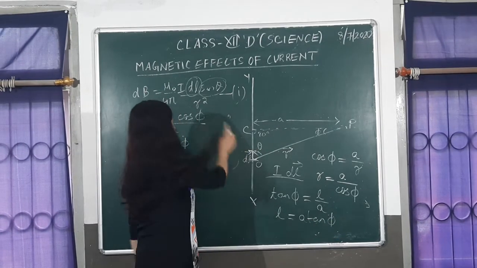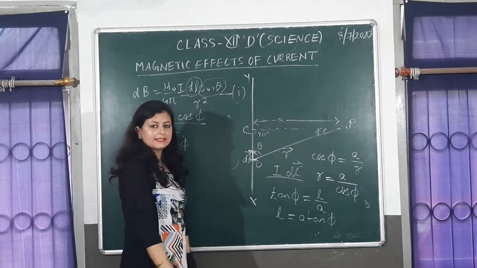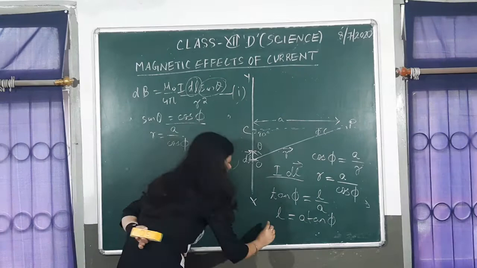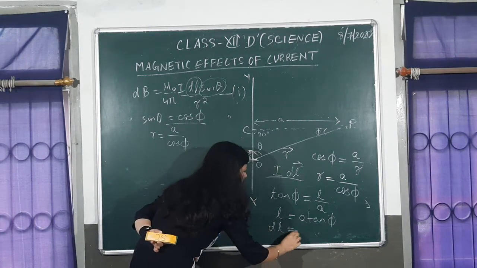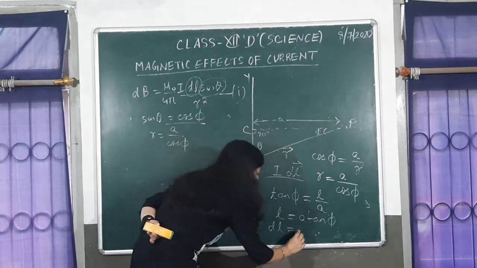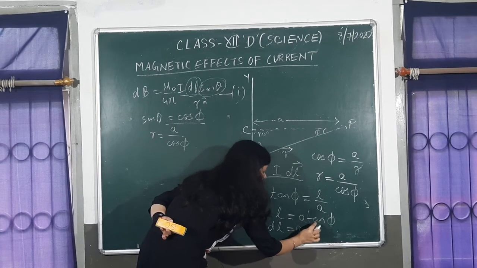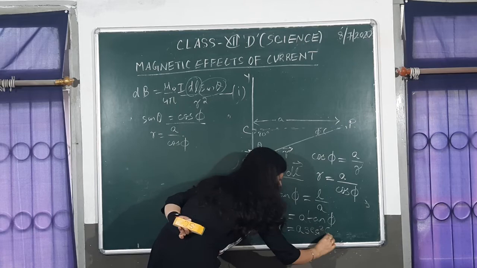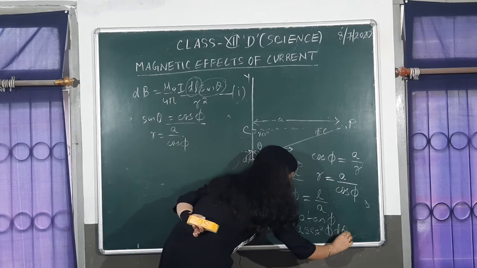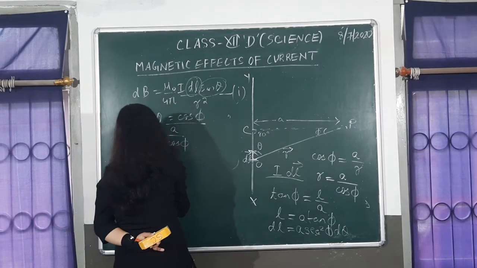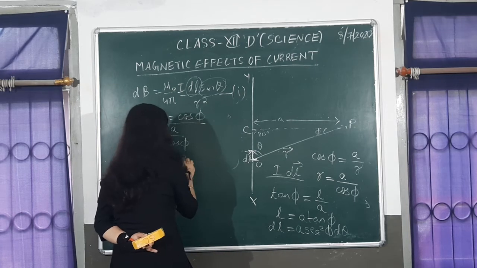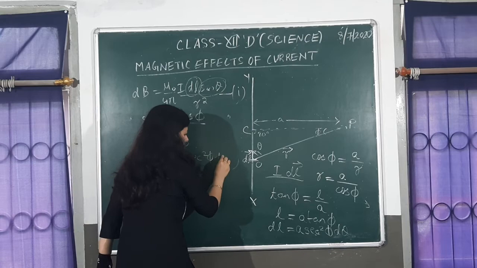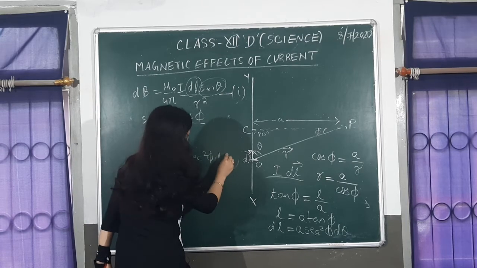But we don't have L here, we have dl. So how to find dl from L? Just differentiate it. After differentiating, you will get dl is equal to A, differentiation of tan phi is sec square phi d phi. So dl is equal to A sec square phi d phi.